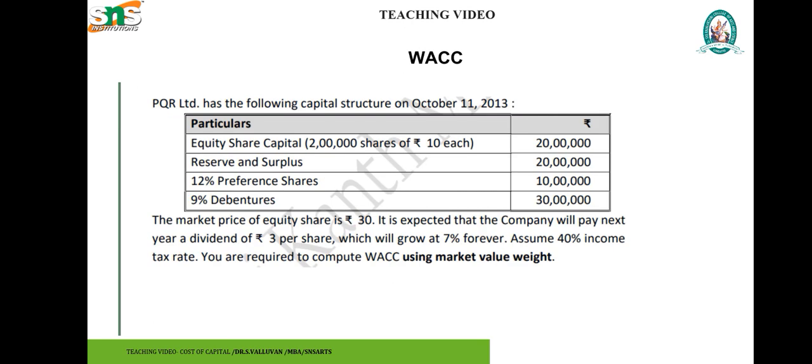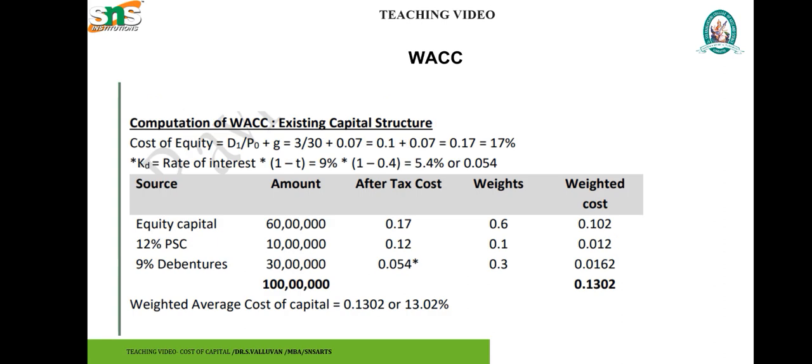What is the tax rate? Marginal tax rate. Assume 40% income tax rate. So 0.4, converting into numerical value: 40% divided by 100, we get 0.4. So interest expense 9% into 1 minus T, tax rate 40%, we get 5.4%, or 0.054.